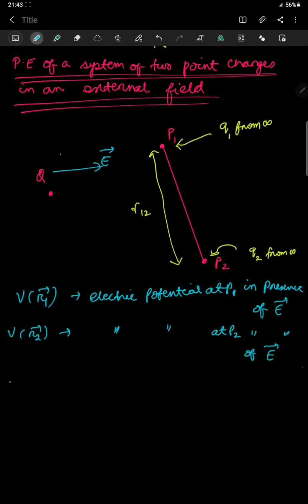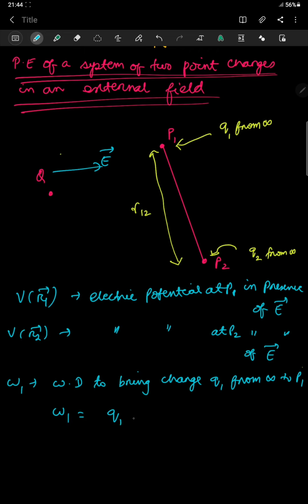Okay, now let us find out the work done. W1 is the work done to bring charge q1 from infinity to p1. So what will be the work done? W1 will be how much? q1 into the potential, v(r1) vector.